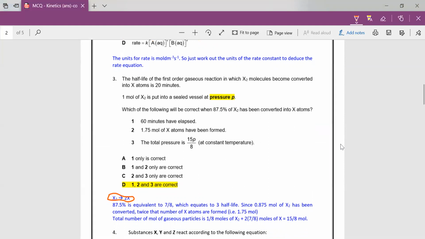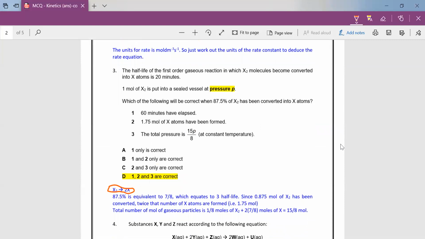All right, so 87.5 is equivalent to 7/8, which is 3 half-life. So remember for your product, right, you start from 0, right, and then you go half, and then you go 3/4, and then you go 7/8. All right, so that is basically 3 half-life.